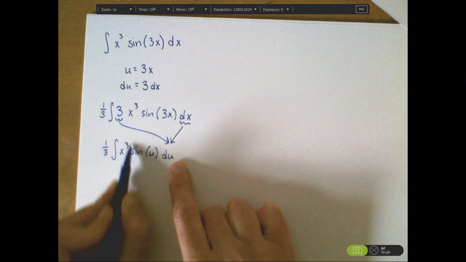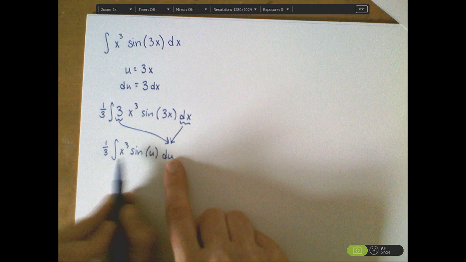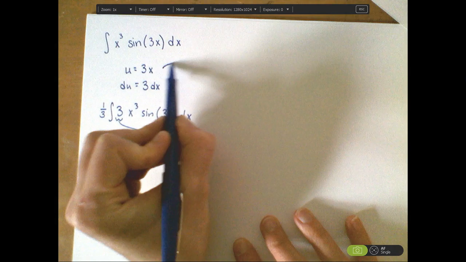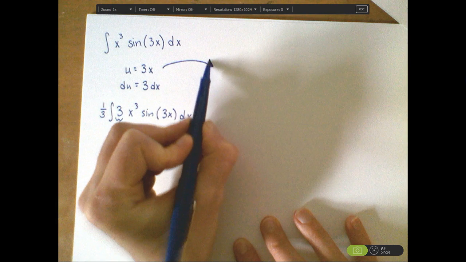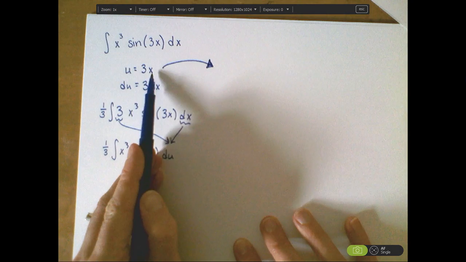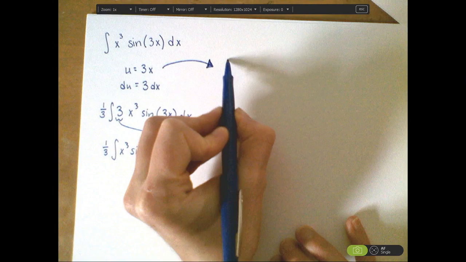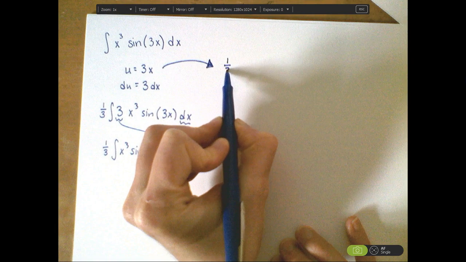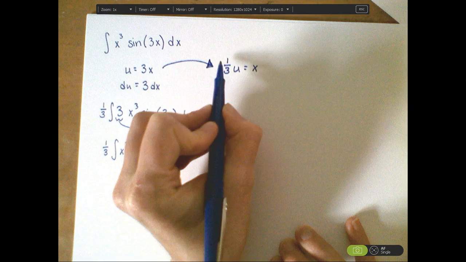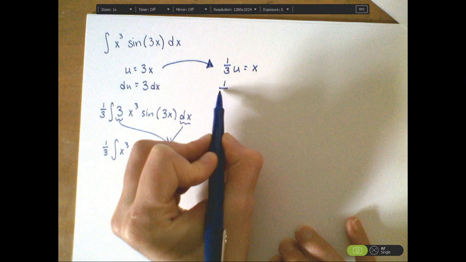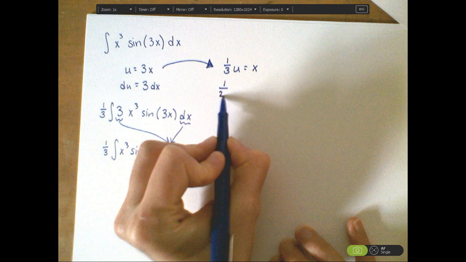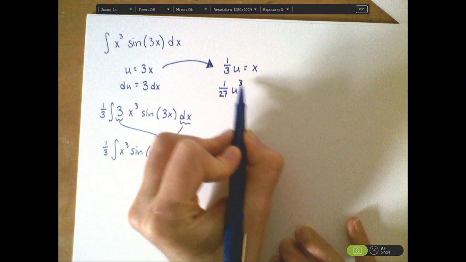So let's convert this x cubed into a function of u. How am I going to do that? I'm going to use this relationship right here. I don't know what x cubed is initially, but I do know that u is 3 times x. So I can algebraically divide both sides by 3, and then cube both sides. 1/3 cubed is 1 over 3 to the 3rd, which is 1/27. So 1/27 u cubed is equal to x cubed.